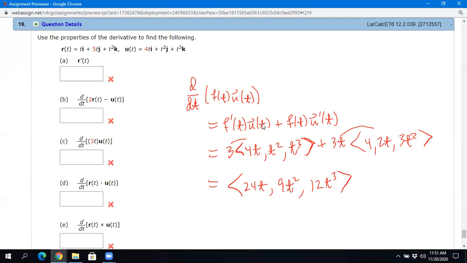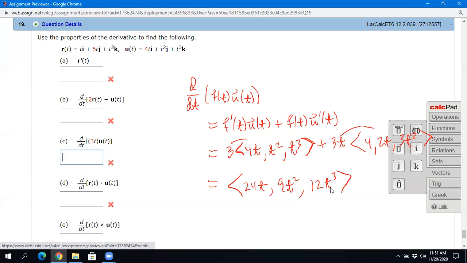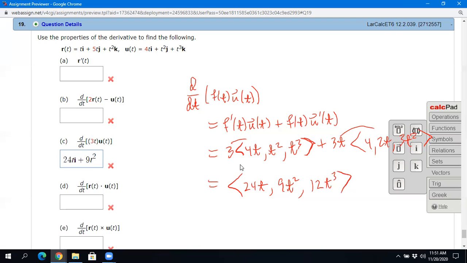Okay. I think you have to be careful about the way you input these things. You have to use actual vector stuff. I learned that the hard way. So 24t i plus 9t squared j plus 12t cubed.